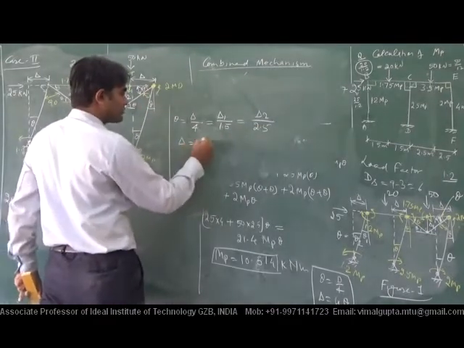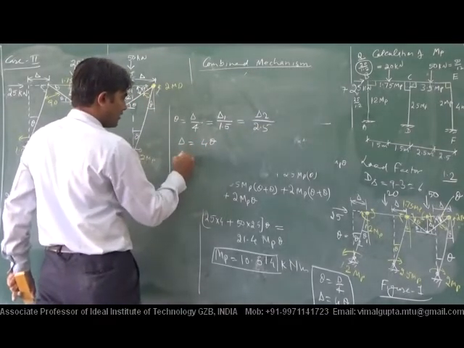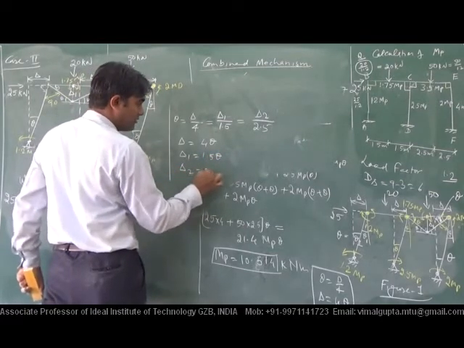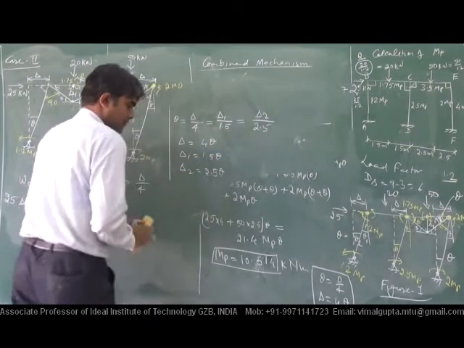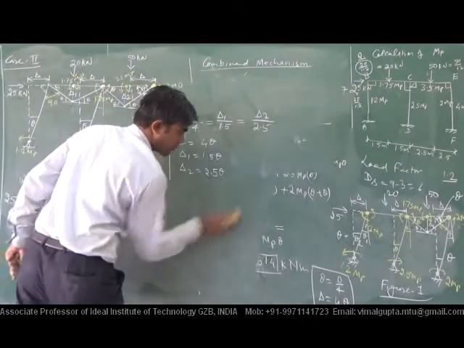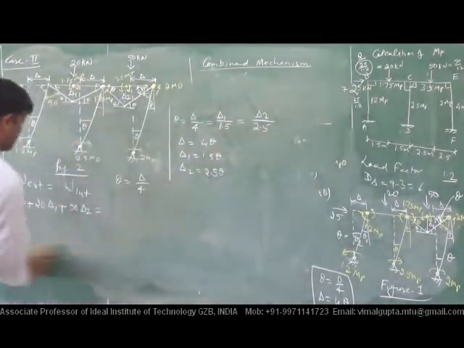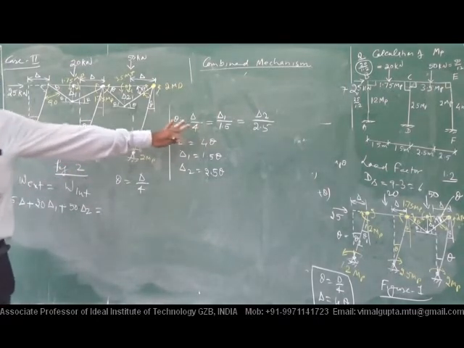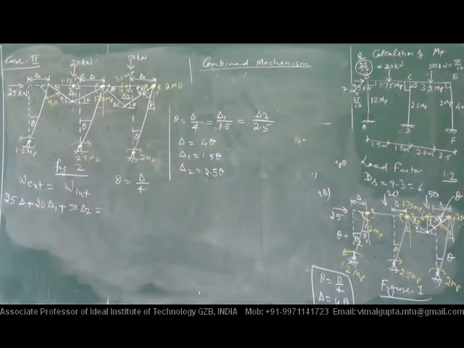Therefore delta equals 4 theta, del 1 equals 1.5 theta, and del 2 equals 2.5 theta. Clear to everybody? That has been found out from the geometry.